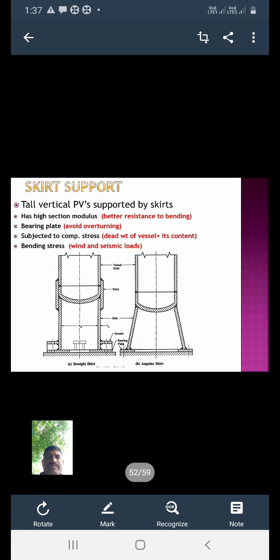Second is the skirt support. Where do we use the skirt support? If we have a tall vertical pressure vessel, then we use the skirt support.